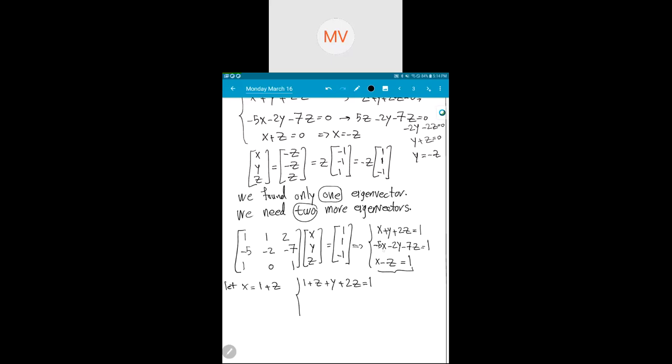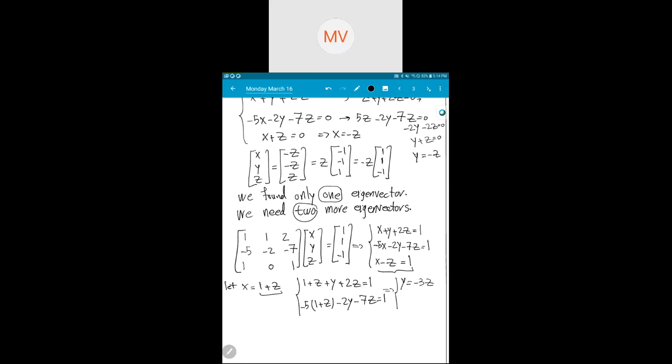And for the other one, I have to multiply by negative 5, so it's negative 5 times 1 plus z, minus 2y, minus 7z equals 1. Let's continue. 1 and 1 cancel out, so you get y equals negative 3z. Agree on that?